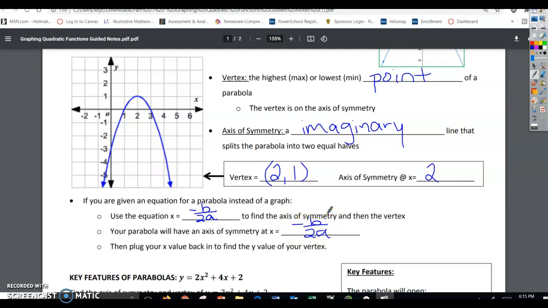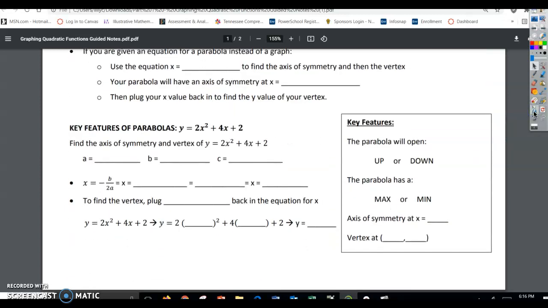Then you plug that x value back into your equation, and that will give you the y value of your vertex. All right, again, pause this if you need to. I'm going to clear it so we can move on.